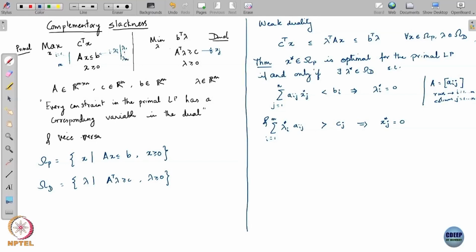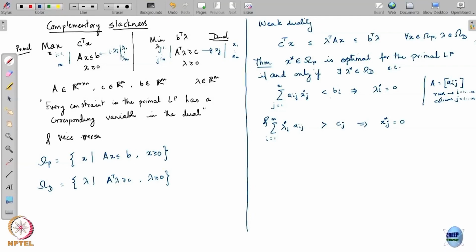And likewise in the dual you have constraints going from j equal to 1 all the way to j equal to n, and corresponding to each of those you have the dual variables of the dual, which are actually the primal variables, x1 till xn. Okay. And these variables, when you are at optimality, end up satisfying these conditions. This is equivalent to being optimal.